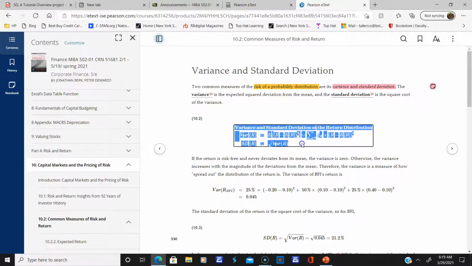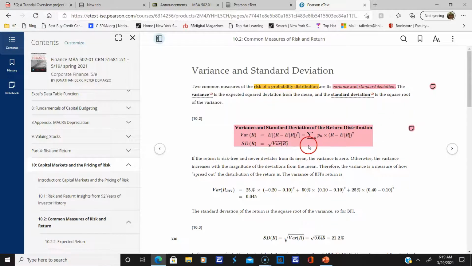So here are the two equations we're going to talk about. And again, there'll be another variation of these equations later in this chapter. So the variance is the expected value of the squared difference between the return and the expected return, the mean. If we write this out, it's the sum of the probability times the return minus the mean.